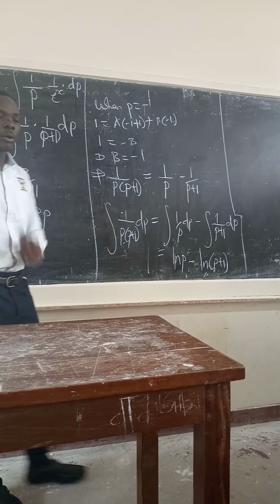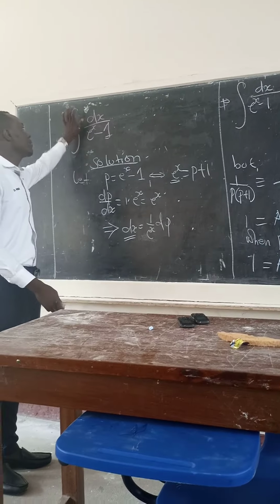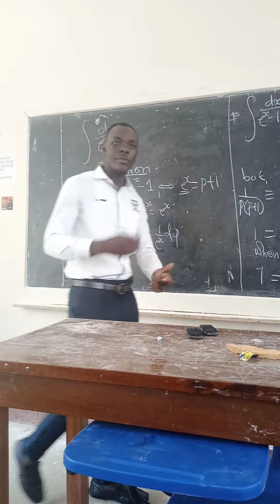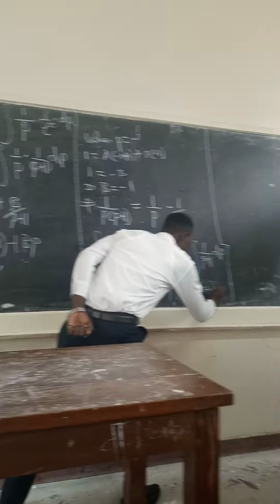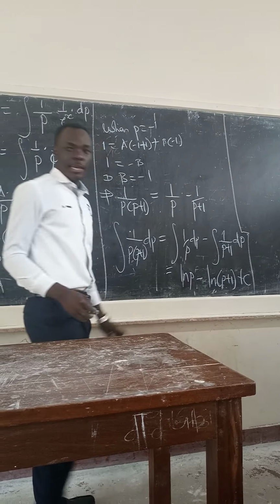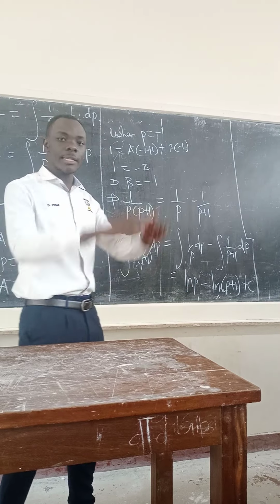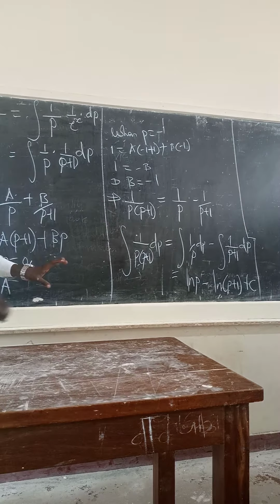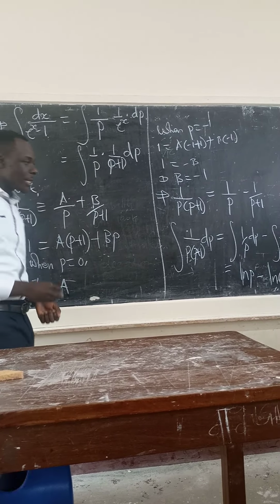But since our integral from the start did not have limits, we need to cater for different variations. That is why we add plus c, which is a constant, looking at all that range of values that will be put, depending on what will be put as the limits of the integral.